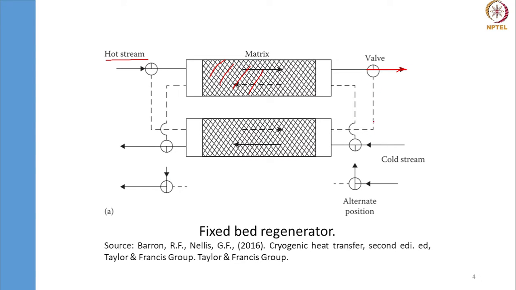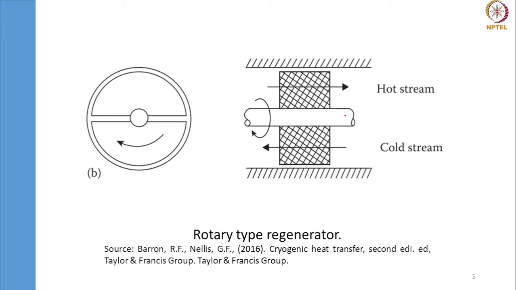Now once we close these valves, the cold fluid then goes into this matrix material and picks up some part of heat energy from the matrix material and goes away. In this fashion, the hot and cold streams pass alternatively in the same matrix, giving rise to regenerative type action, hence the name. So this is a fixed bed or valved type regenerator, which we are going to discuss in this class.